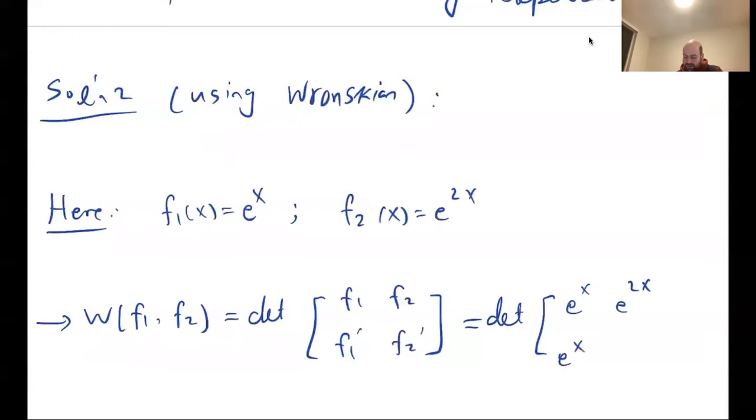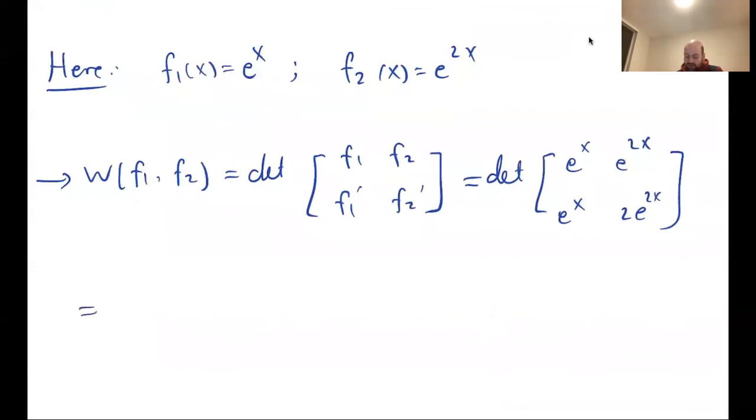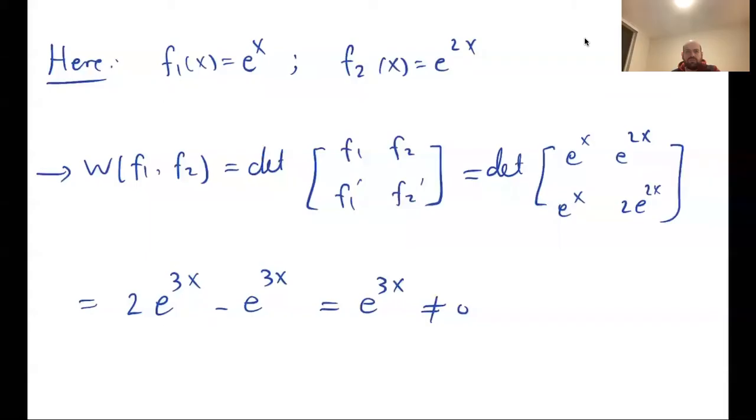derivative of e to the x is e to the x, derivative of e to the 2x is 2e to the 2x. And this determinant will be 2e to the 3x minus e to the 3x. This is e to the 3x, which is not equal to 0 for, in fact, every value of x.